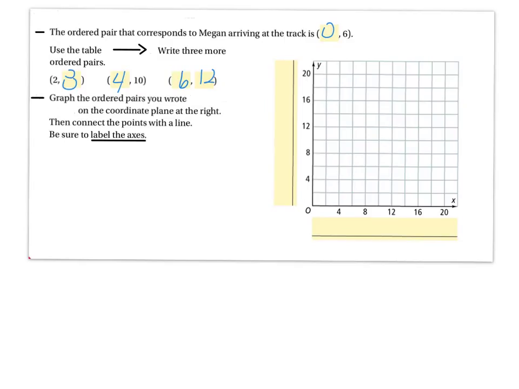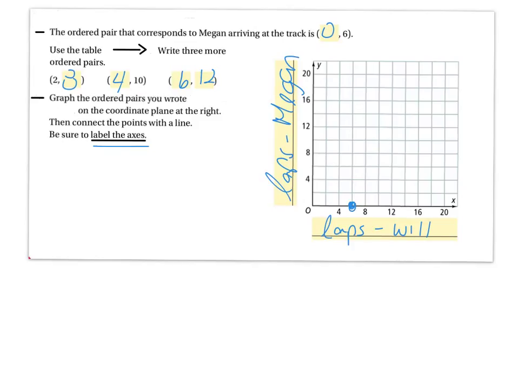0, 6. And I can't really graph these until I actually put in my labels. So let's put laps for Will down here. And let's put in laps for Megan here. So when Will was at 6 laps, Megan was at 0.